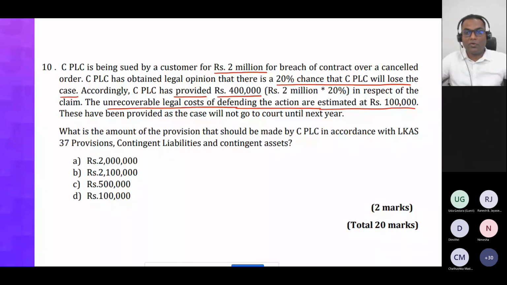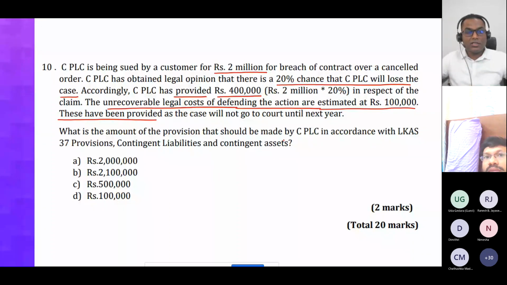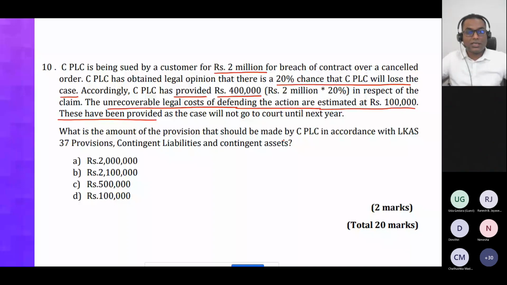So the amount 100,000, what they did was they have provided this amount because that has not yet been incurred, because it seems that this particular case goes to the court next year. So what you did was you have made a provision for this 100,000. These have been provided. What is the amount of the provision that should be made by CPLC in accordance with LKS 37 provisions, contingent liabilities and contingent assets?